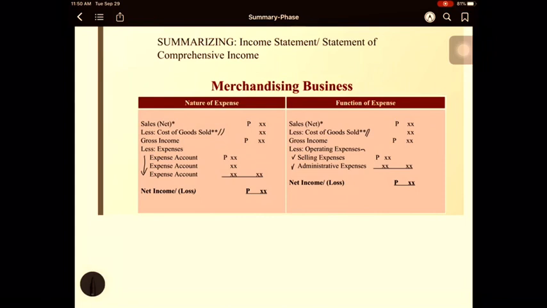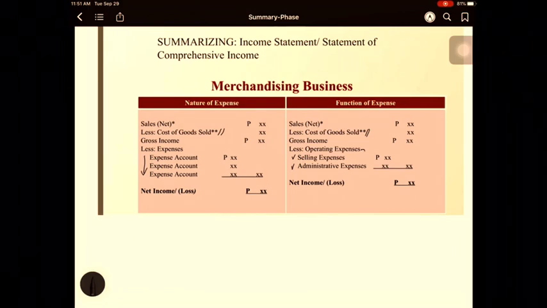All of those would be directly attributed to the product, therefore they shall be part of your selling expenses. Otherwise, if the expense is not attributed to any of those that we have mentioned, then it shall be part of your general or administrative expense.